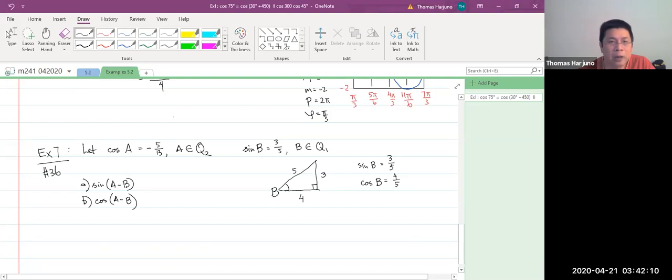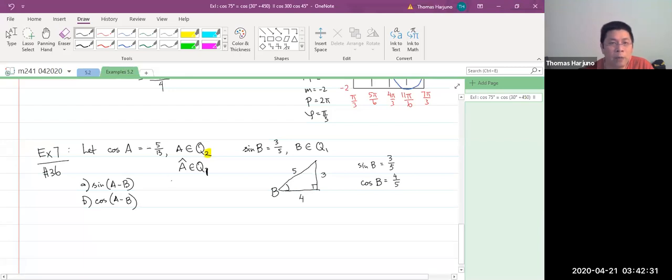Now, the problem with angle A is that it is in quadrant 2. So I need to get the reference angle first. Okay, I do the reference angle.